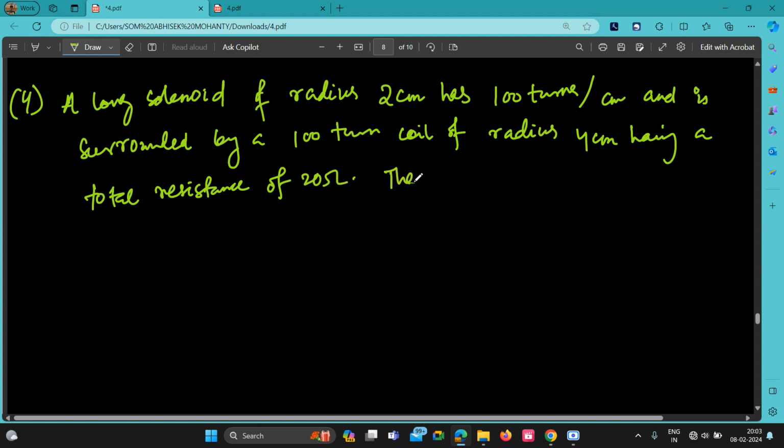The coil is connected to a galvanometer as shown in the figure.